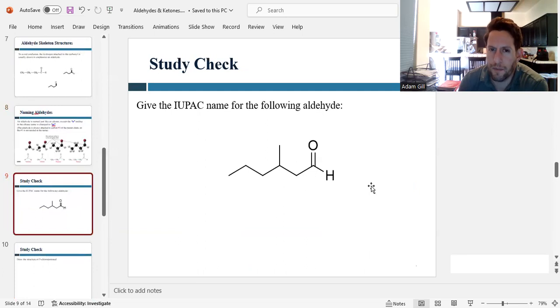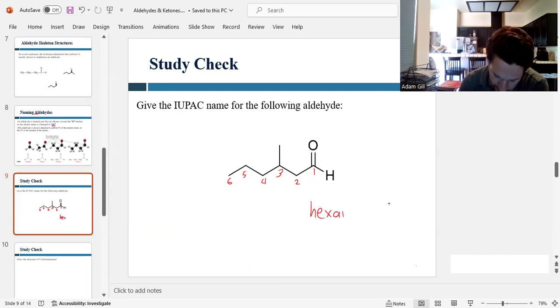Let's try and name this one. So we want to number the chain here. And the aldehyde is always number 1 because the aldehyde is always at the end of the molecule. And so 6 in a row, we would say hexane, but because it's an aldehyde, we're going to drop the E and turn it into an AL, so it's hexanal.